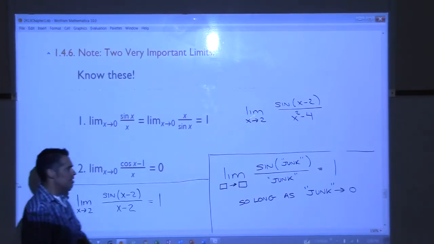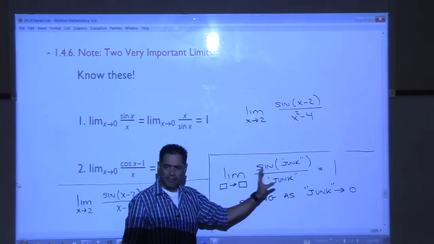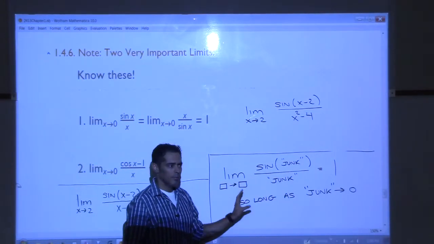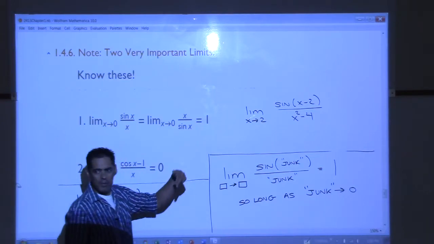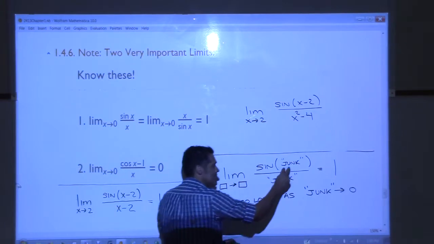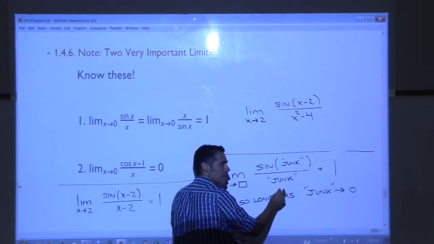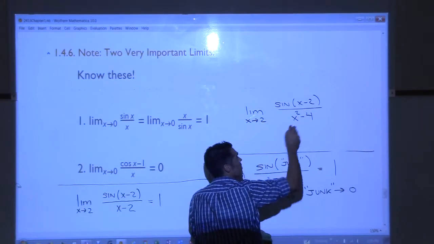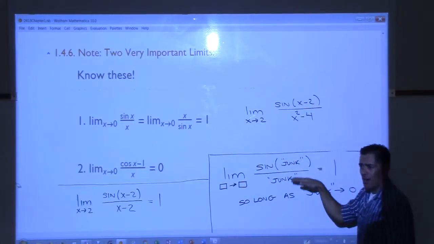Does that fall into this kind of template that we have? Do we have sine of junk over junk? Does the junk match? No. No, the junk doesn't match, does it? See, this junk has to be identical to this junk right here. Are these identical? No, they're not.